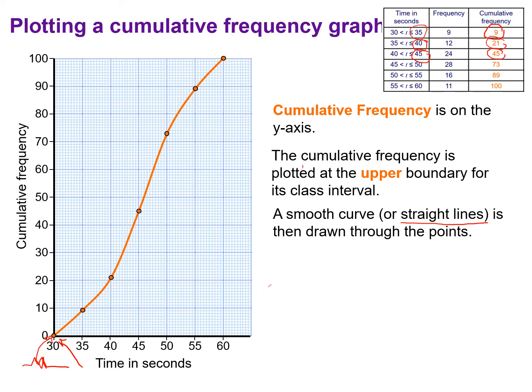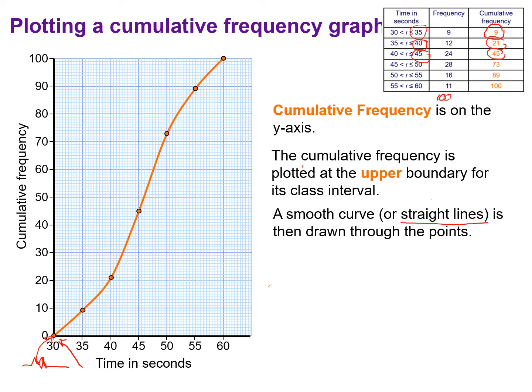Okay, now we mentioned that we can read the median of the cumulative frequency graph. Now remember what the median is all about. The median is the middle value once I have put them all in order. Okay. We know there are 100 people that took part in this survey.